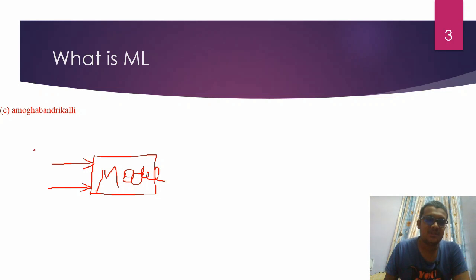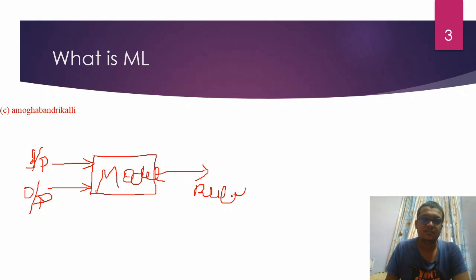The examples here actually mean that we are providing an input, and we are providing an output also. So it is going to generate rules for you. This is a basic thing you need to understand here.